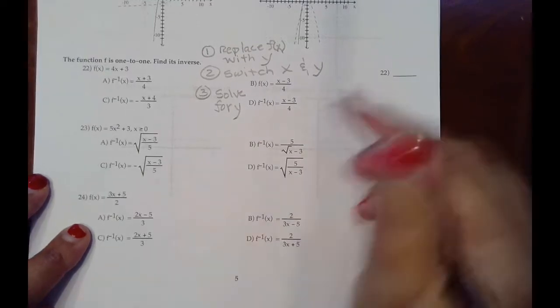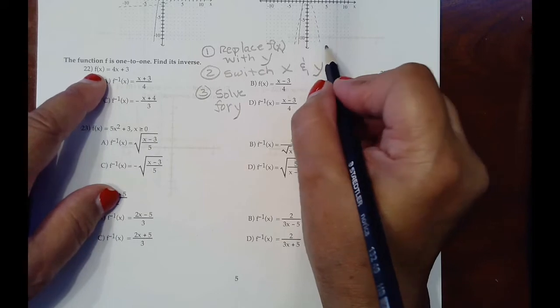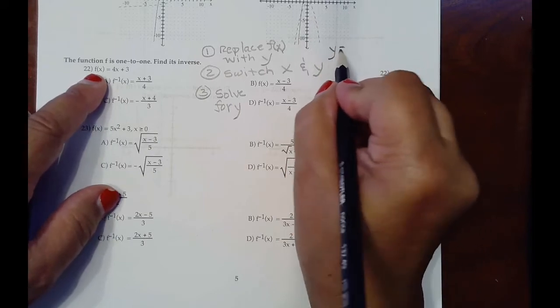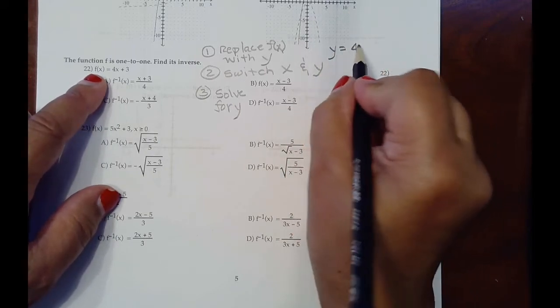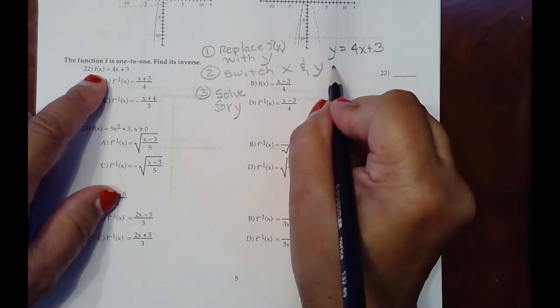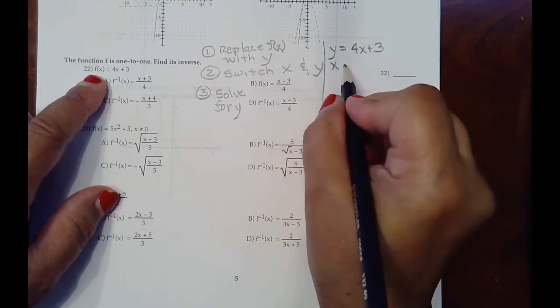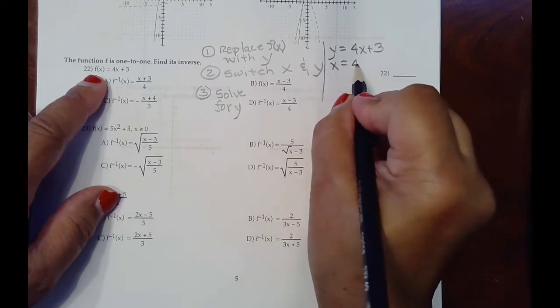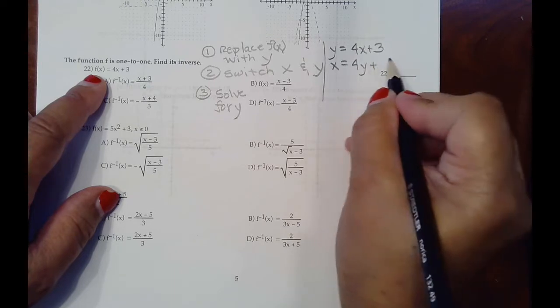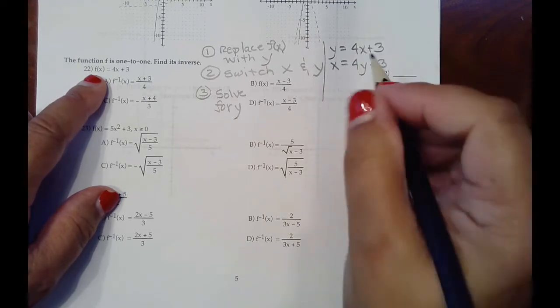Okay, so completing those steps right here, taking the f of x and replacing with a y, I would have y is equal to 4x plus 3. Okay, then switching the x and the y, I would put an x here and a y in place of the x. Now we have a brand new y where the x used to be, and we're going to solve for that y.